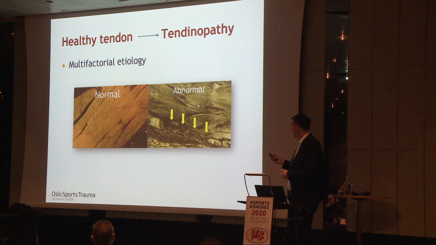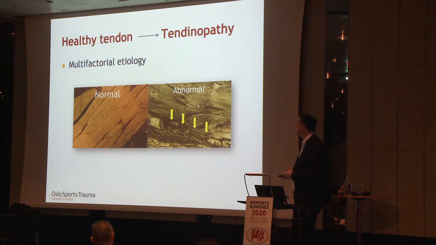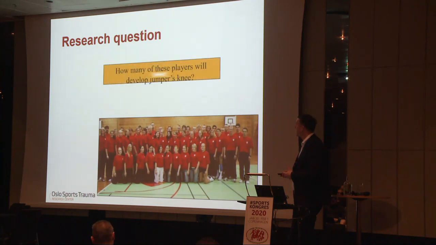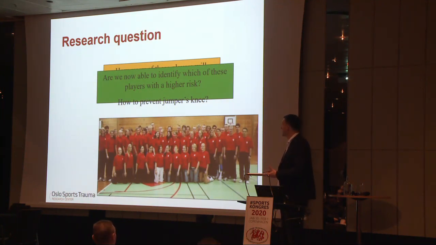And these are also what happens in the phase of the classical old picture of normal tendon, abnormal tendon, and we know for sure that the cause or the risk for tendinopathy is multifactorial. So we had this group, and we had a lot of them developing, and we were able to identify a lot of risk factors.